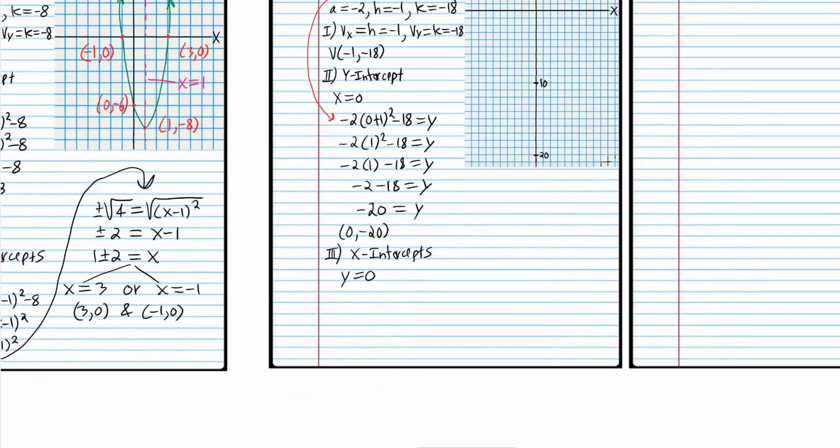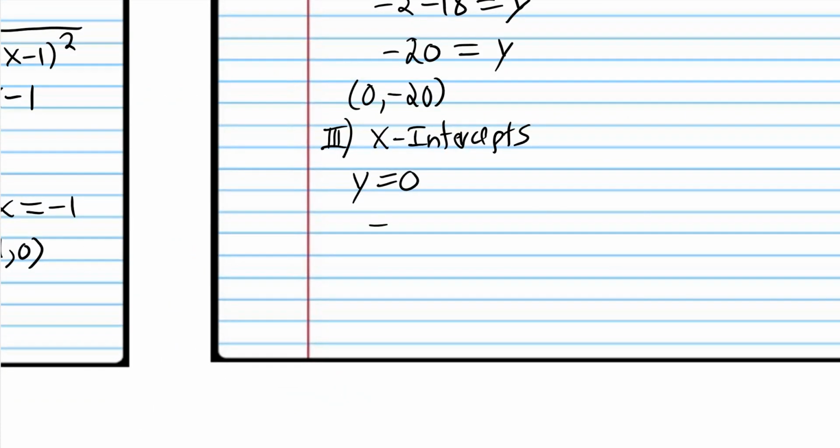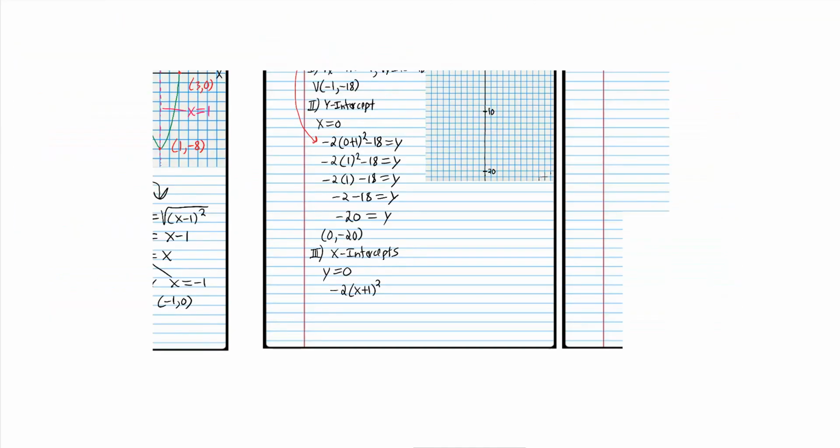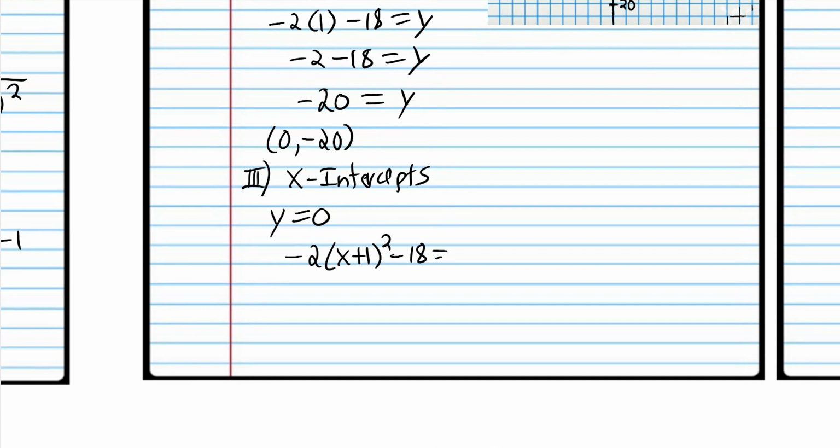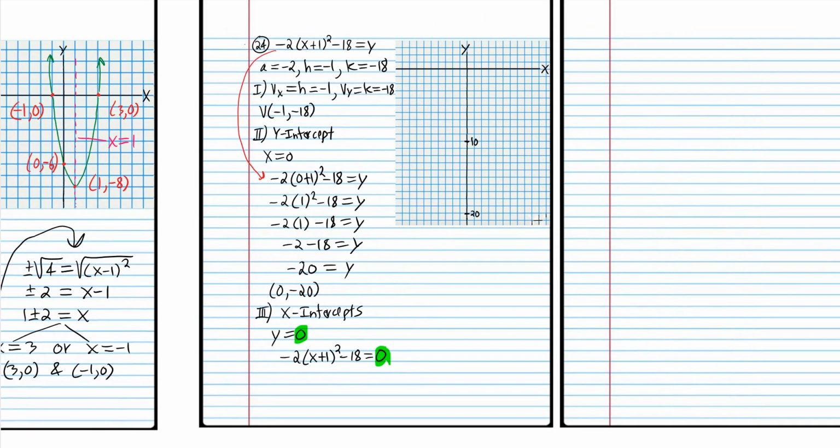So we have -2(x + 1)² - 18 = y, but we're going to let y equal 0. And just to be clear, plug in 0 there. And also I plugged in this 0 here.